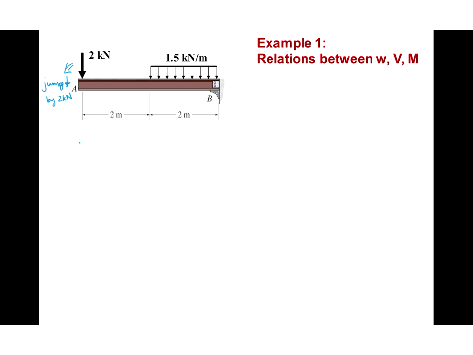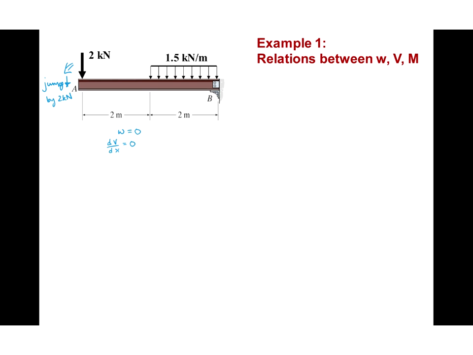Then in the central portion of the beam, we have W is equal to 0, and we know from what we just derived that whatever W is equal to is equivalent to the slope, or in other words, dV/dx, in that same location. So if W is equal to 0, then dV/dx is equal to 0 in that same region.